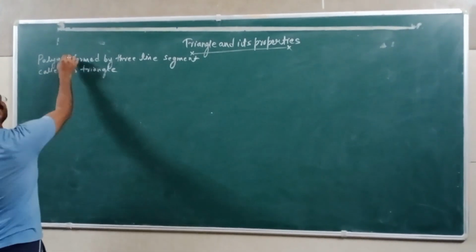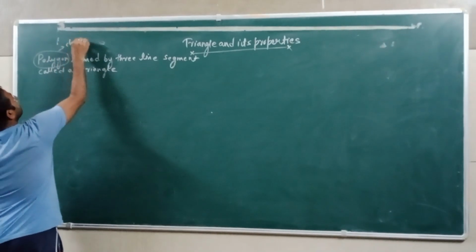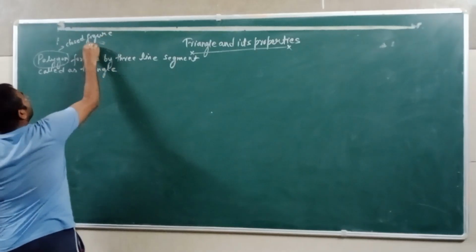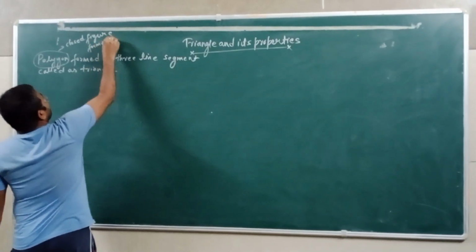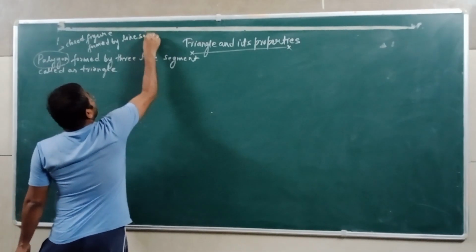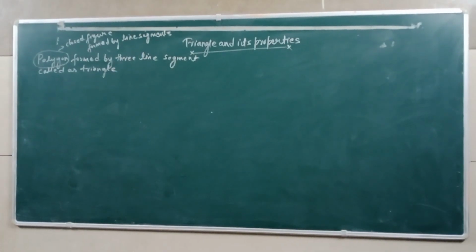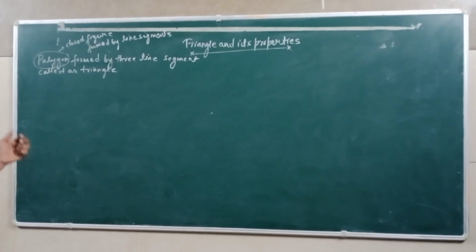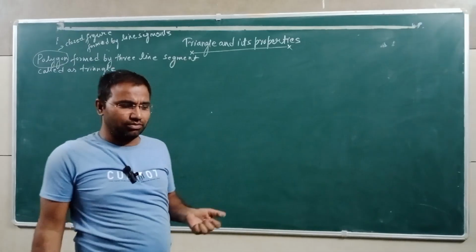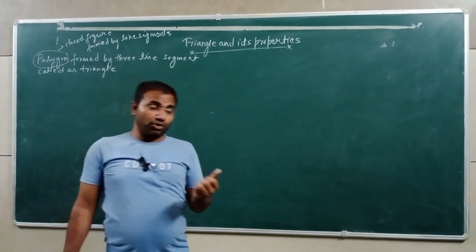And as you know, what is a polygon? A polygon is a closed figure formed by line segments. So if a polygon is formed by three line segments, it is called a triangle. If formed by four line segments, it is called a quadrilateral.